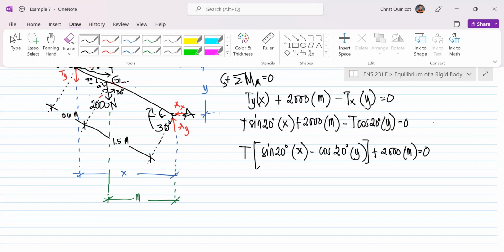Now what I'm going to do is transfer my 2000 to the right hand side of the equation.